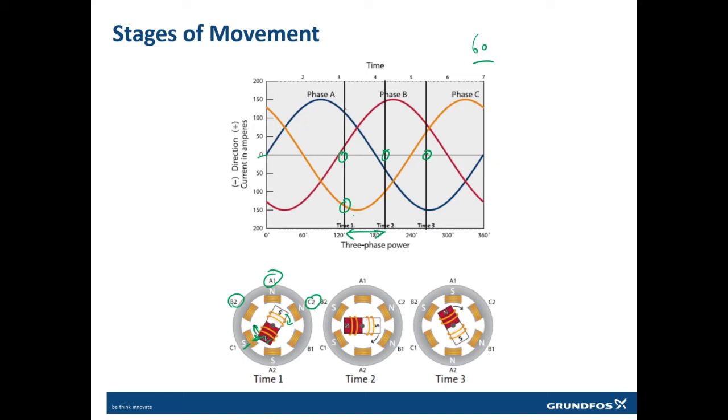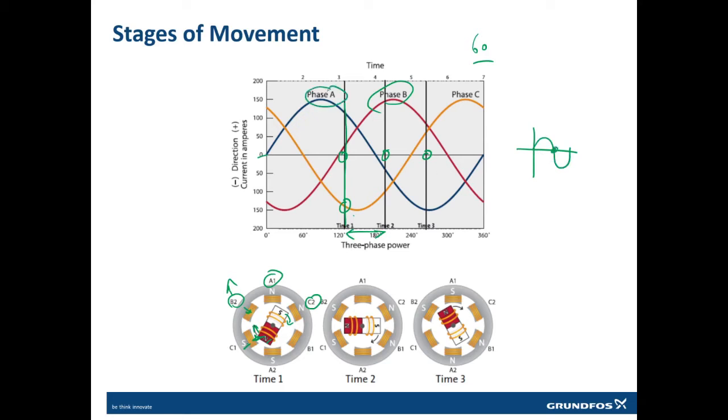Now at this given point, if you can see here, the red one is 0. That means this phase B is 0. So this phase B is for B2. This is 0, that means very near to 0. It does not have any electromagnetism at all. Why? Because no current is flowing through it.